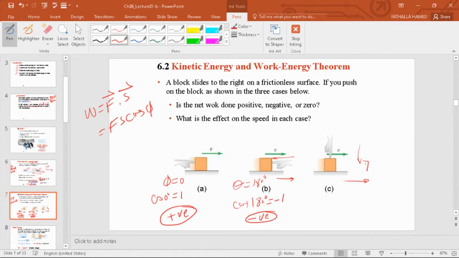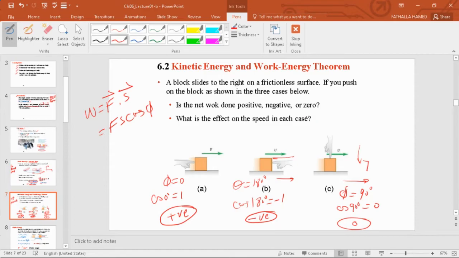So the angle between both of them is 90 degrees, so phi here will equal 90 degrees, and cosine of 90 degrees will equal 0. So in this case, your work is going to be 0. And that basically expresses these three different situations.